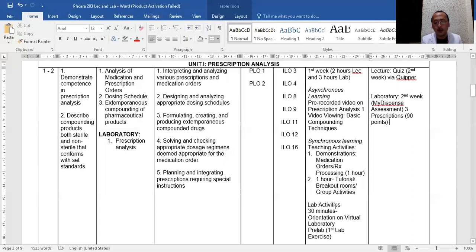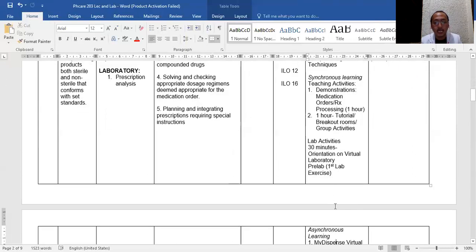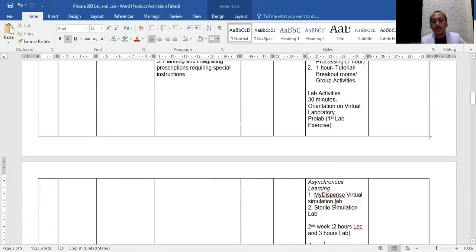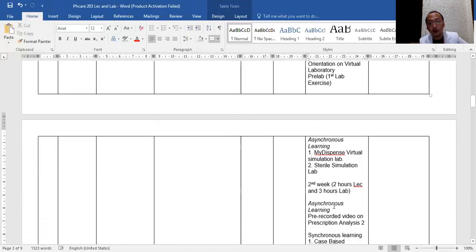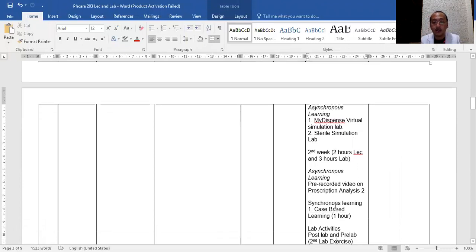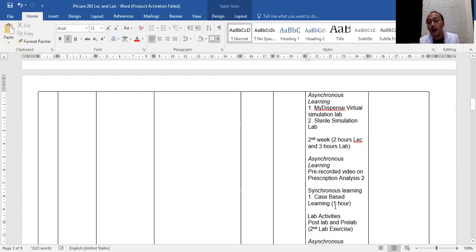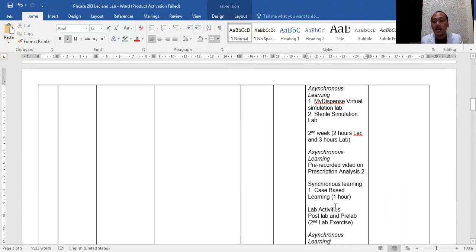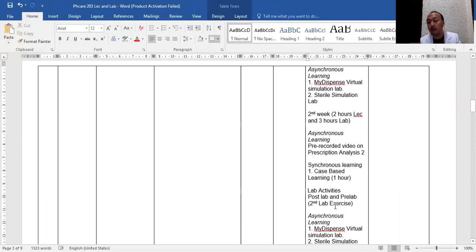Looking at our syllabus for prescription analysis, for the second week, we're going to have asynchronous learning about prescription analysis 2, and then synchronous learning on case-based learning. Then we're going to have our laboratory activities for the post-lab and the pre-lab for the second lab exercise, and also the My Dispense virtual simulation laboratory.